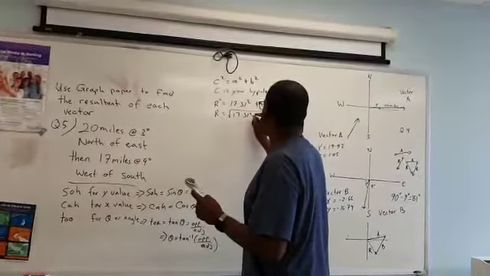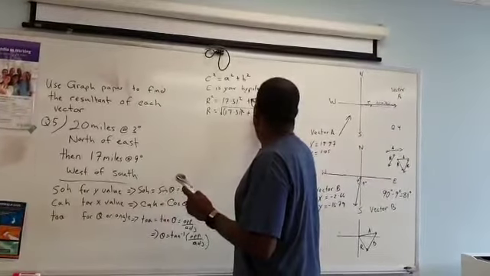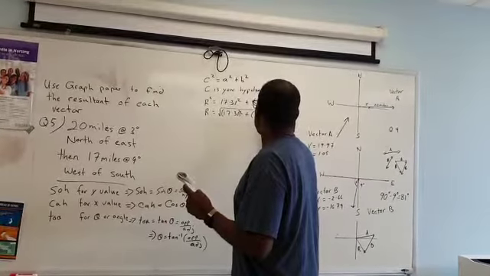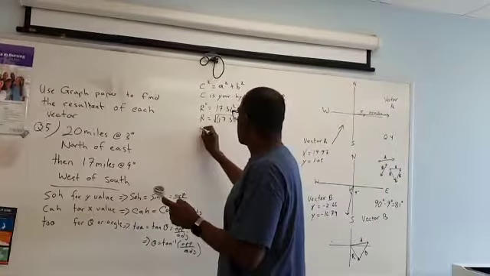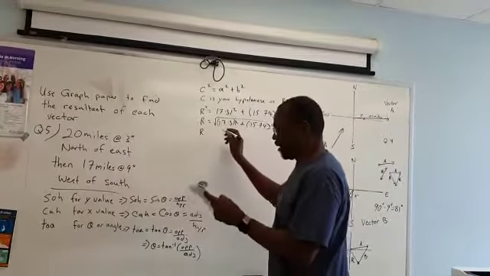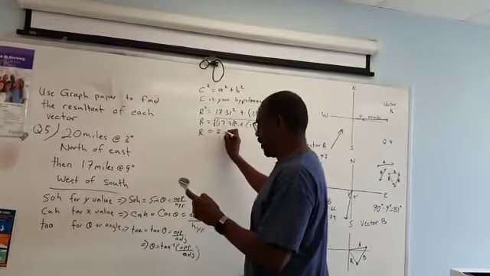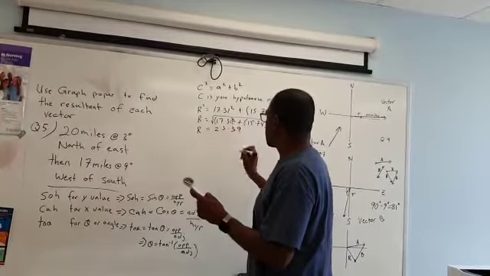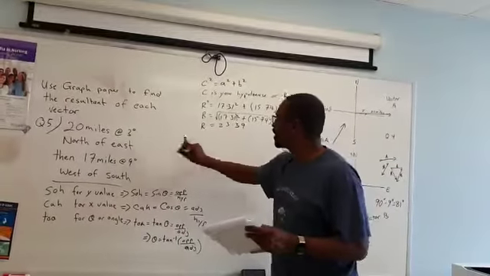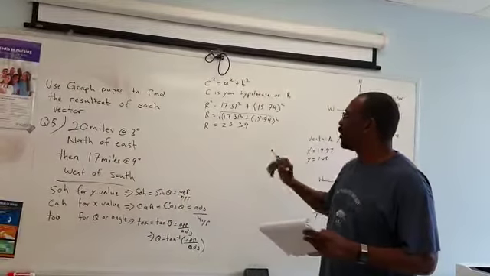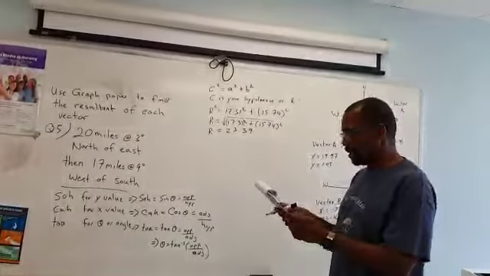Once you do the math, R is equal to 23.39. So you know that the length of the resultant vector of these two vectors is 23.39.